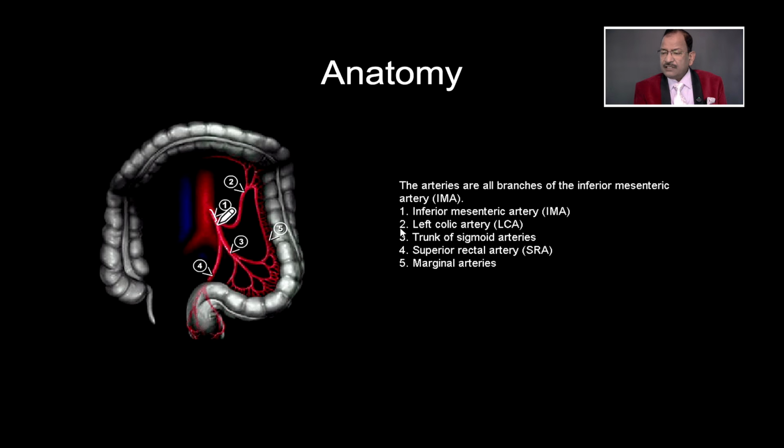So you have to skeletonize the left colic, and then you can clip the main sigmoidal trunk directly.